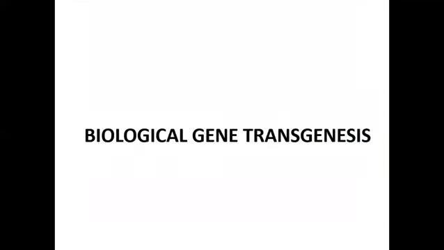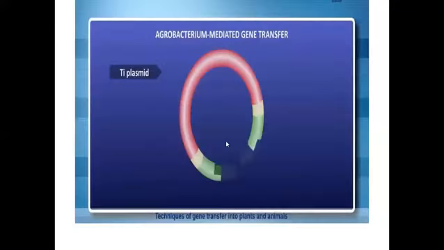And the next one is biological gene transfer techniques, called biological gene transgenesis. In this method, the tDNAs are inserted into the target cell with the help of living microorganisms like agrobacterium.